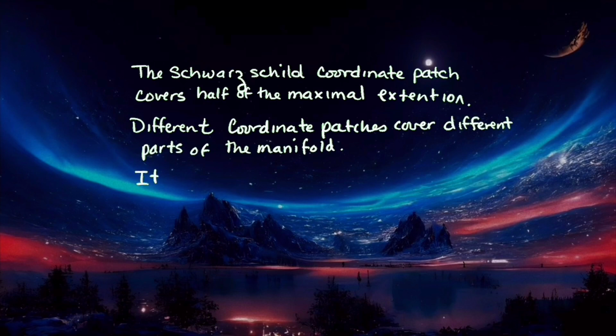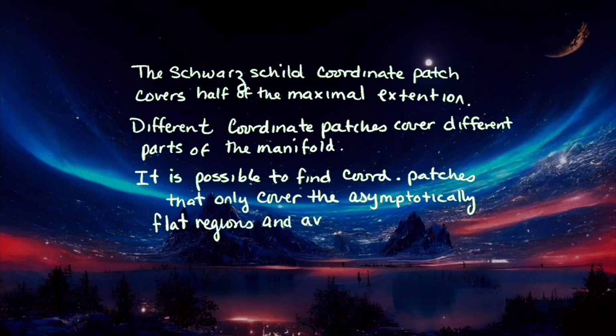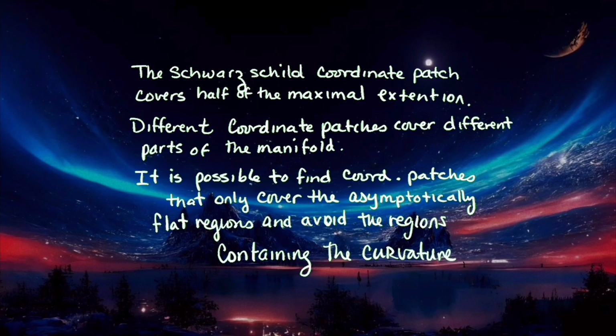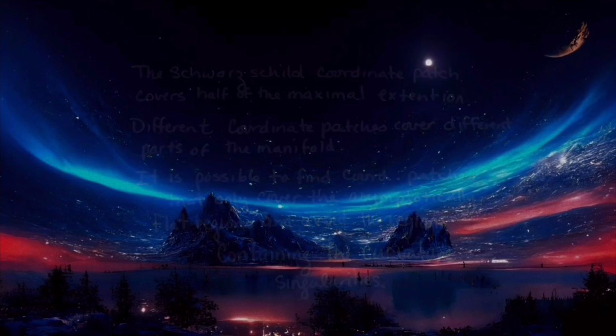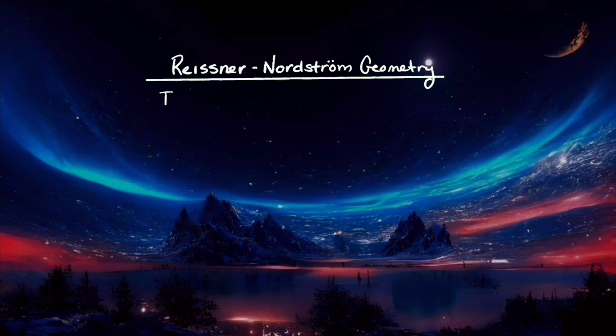Different coordinate patches cover different parts of the manifold, and it is possible to find coordinate patches that only cover the asymptotically flat regions and avoid the regions containing the curvature singularities. The Reissner-Nordström geometry does such a thing.